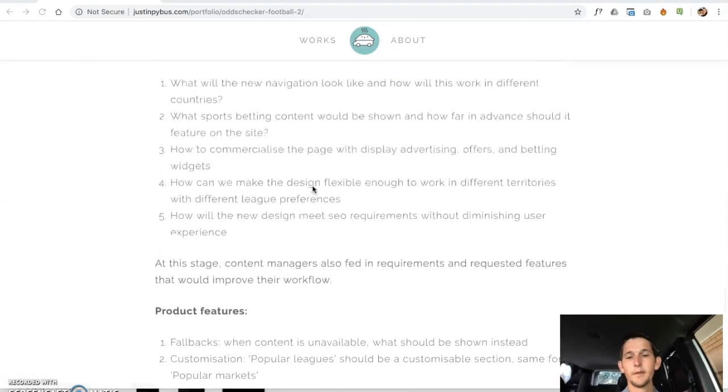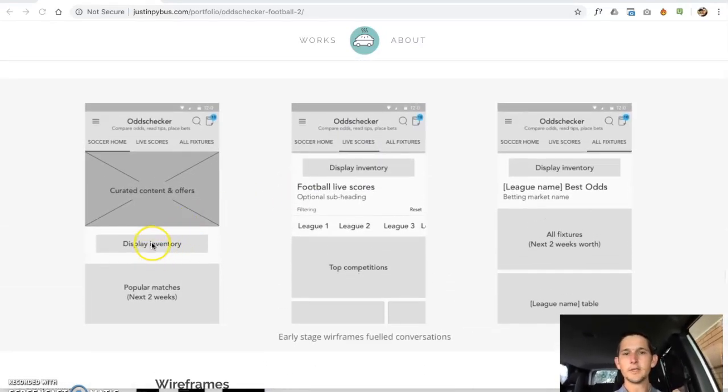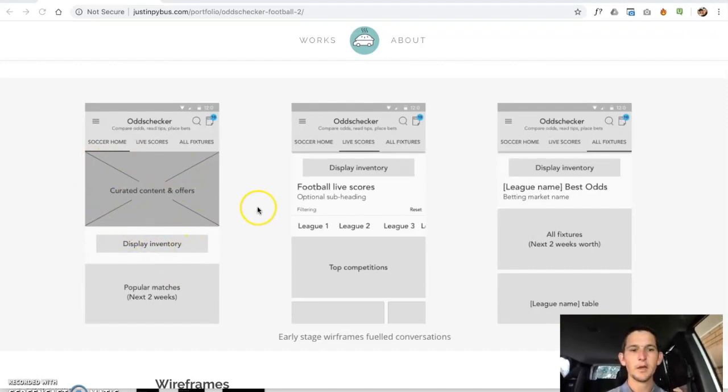And also a really important part of this stage was, if you're redesigning a website, you're not just redesigning a website, you're also redesigning the way that some of the employees of this business, in this case Oddschecker, might be working, because you're suddenly putting a hero spot up here, but you have to think about where that content is going to come from, and who's going to be placing those images up there.